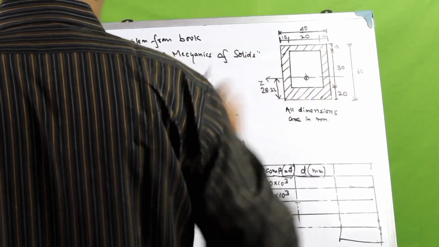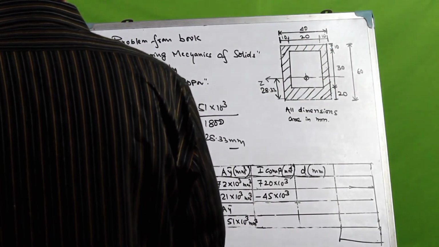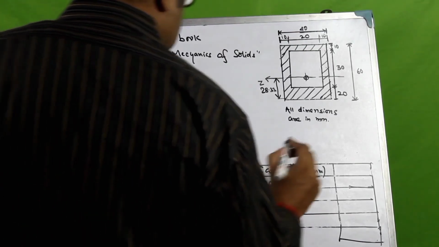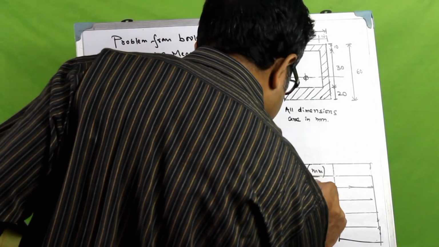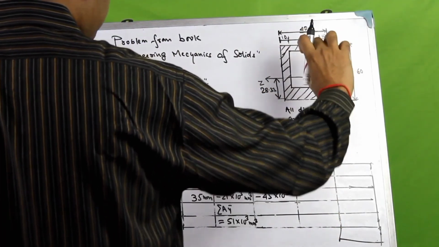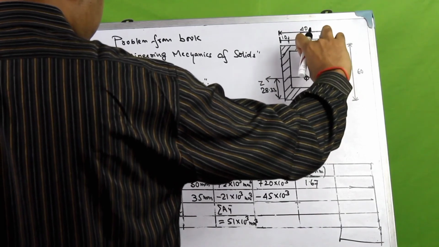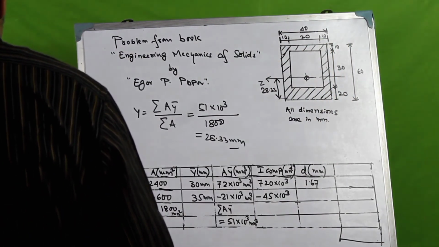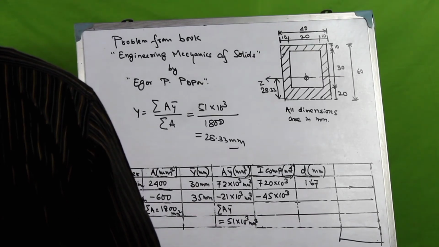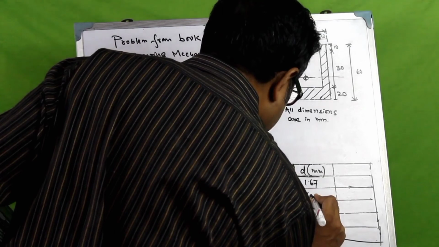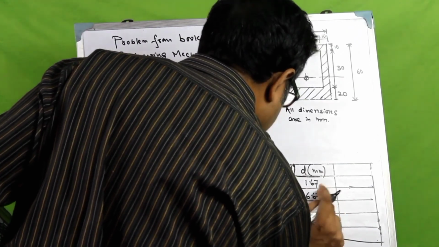So 30 minus 28.33 would come out to 1.67 millimeters. And for this one, it would come as 30 by 2, that is 15, plus 20, 35. 35 minus 28.33 would come as 6.67 millimeters, right?